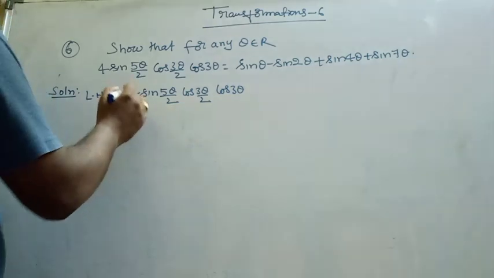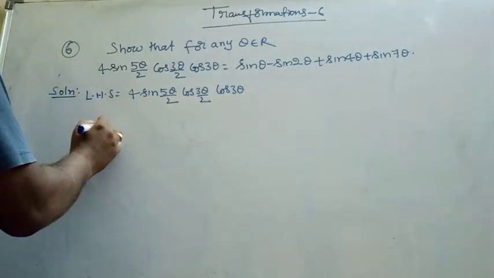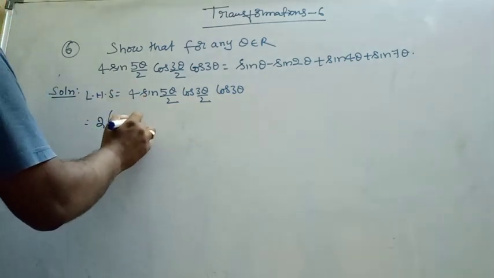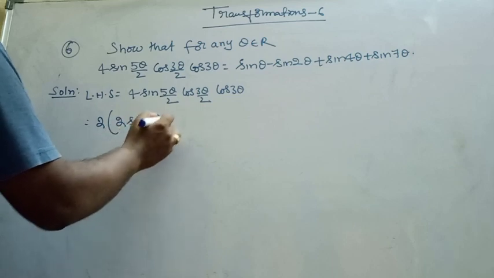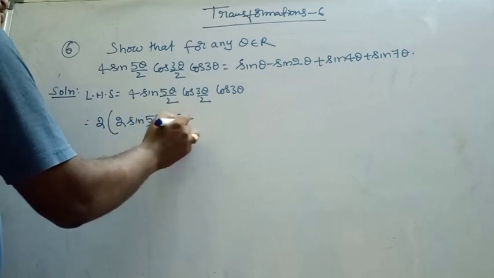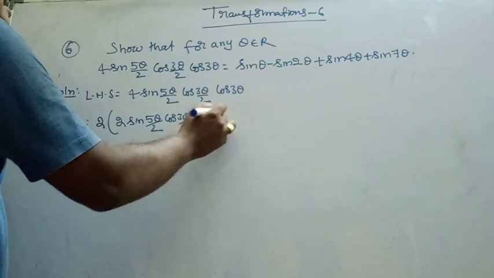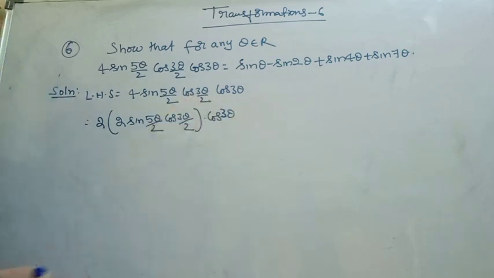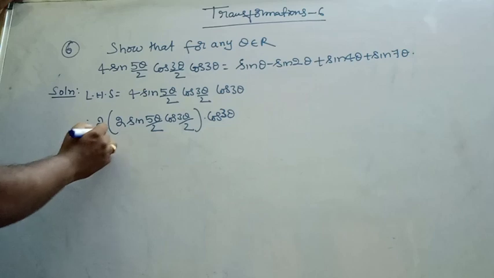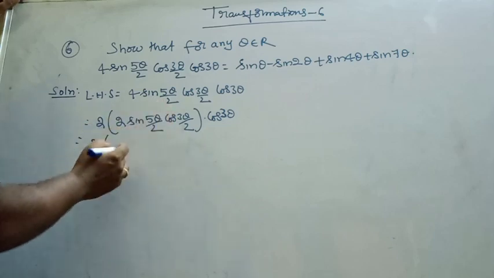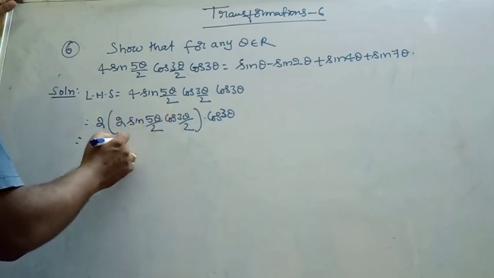Let us group this one; I am going to write this as 2 into 2 sin 5 theta by 2 cos 3 theta by 2, into cos 3 theta. Now this is something like 2 sin A cos B, that is sin (A plus B) plus sin (A minus B).